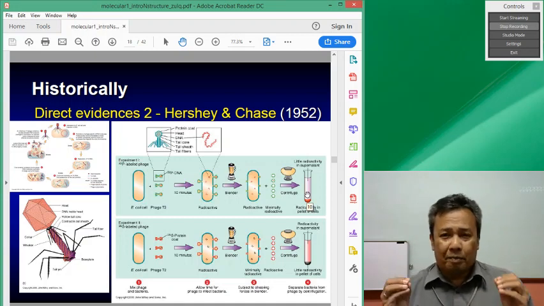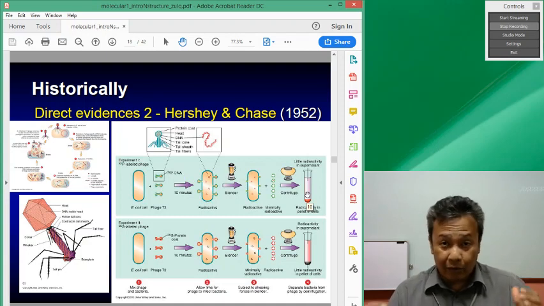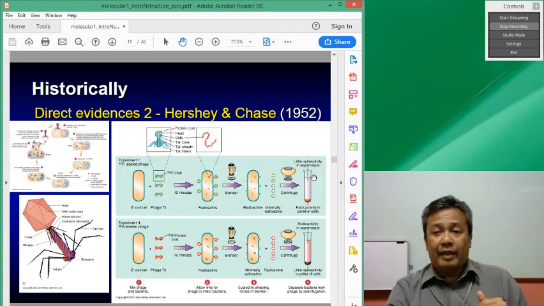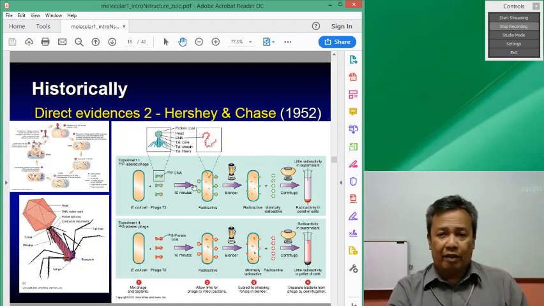Basically, because bacterial cells are much larger, they will all be sedimented at the bottom of the tube, and now you have two experiments here.